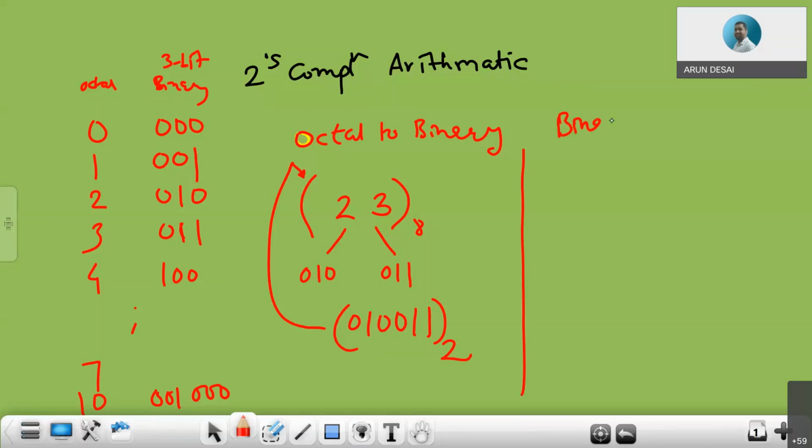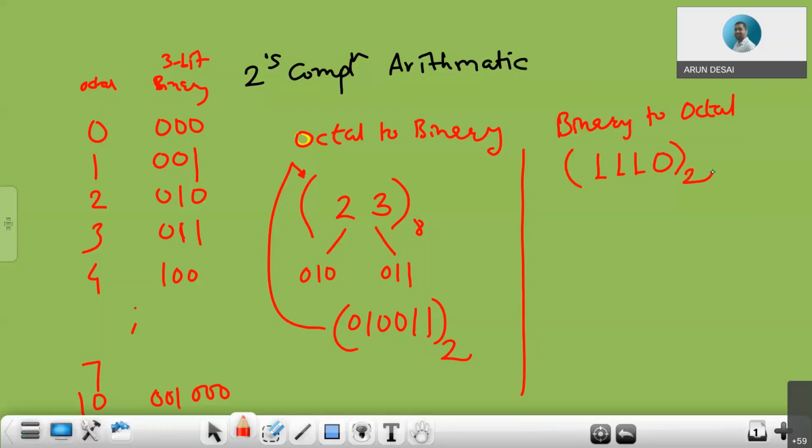In the reverse case, binary to octal, this is my binary number. Convert it into octal.